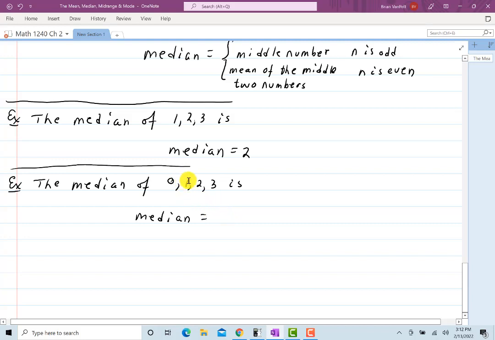Where are the middle two? 1 and 2. Notice that in these examples, I already have the numbers arranged from smallest to largest. So I'm going to take the mean of the numbers 1 and 2. So I'll take 1 plus 2 divided by 2, and I get 3 halves, or if you prefer, 1.5.